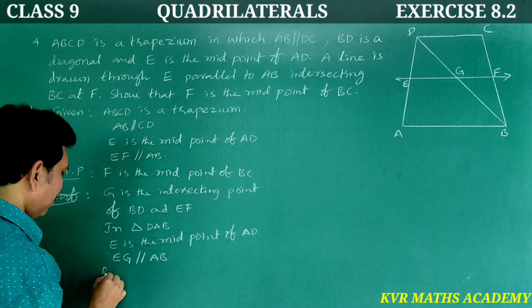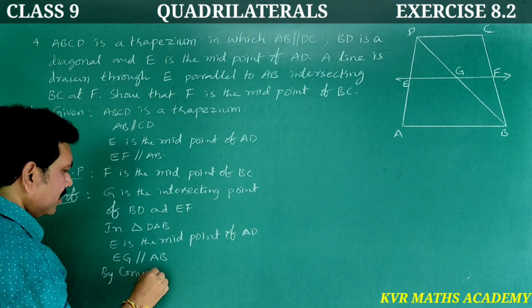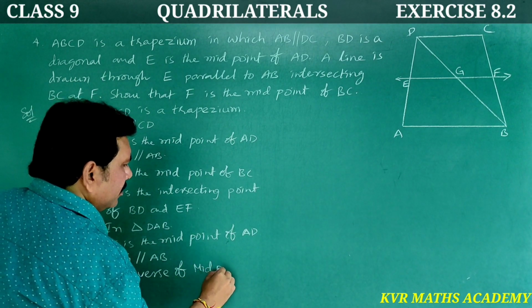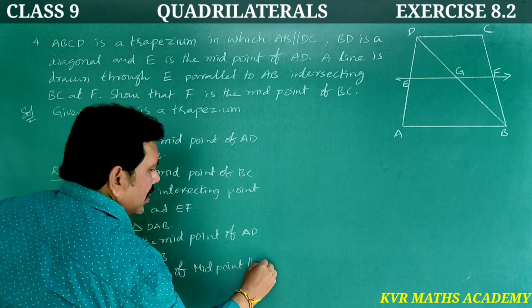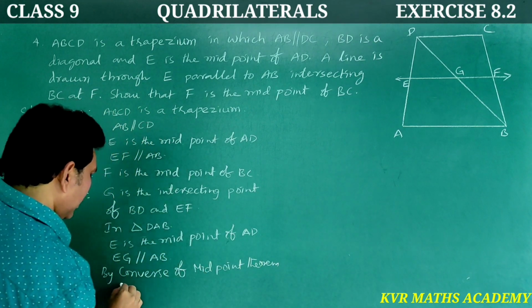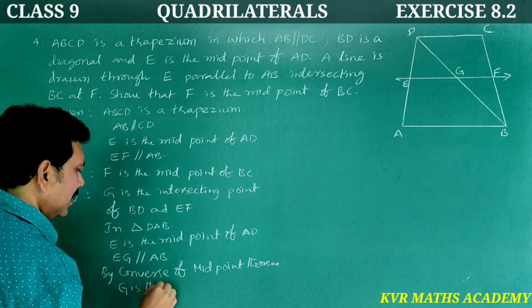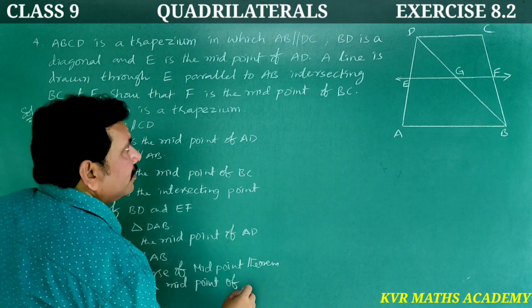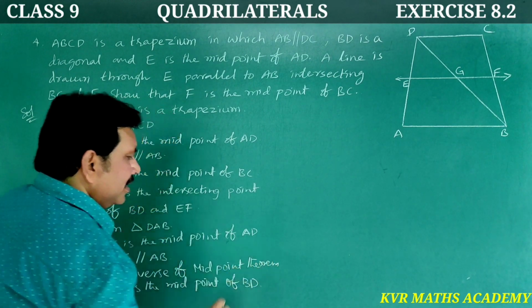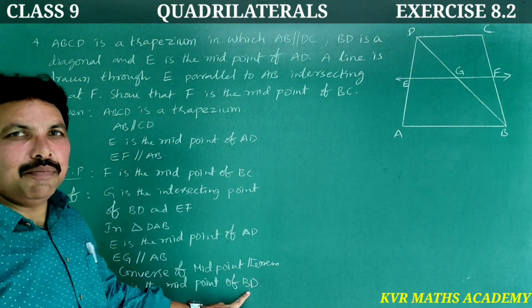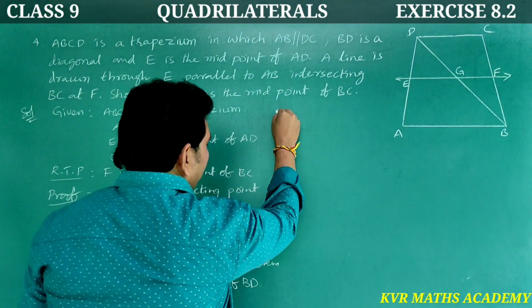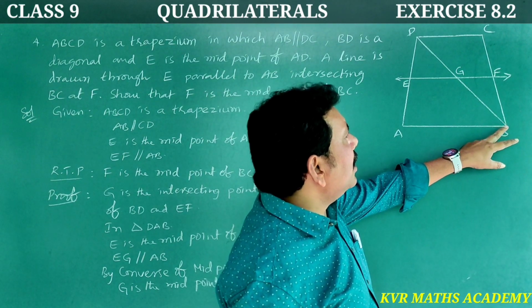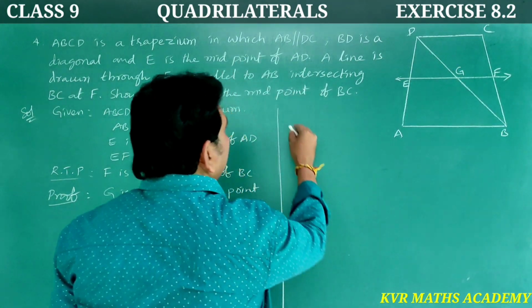By the converse of the midpoint theorem, G is the midpoint of BD. Now look here. Consider the triangle BCD.